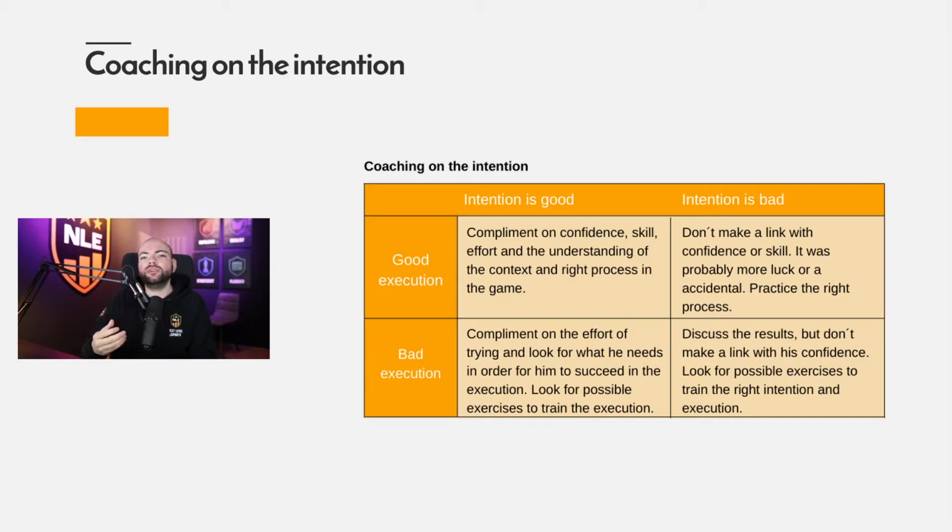Instead, you want to express, okay, it was a good result, but let's take a look at the situation. Here you were out of place, you didn't look at this piece of information and the facts that were available. So actually you were at a very risky spot at this particular moment in time, and you didn't notice it. Even though you got away with it, you got quite lucky because the enemy misplayed, or they didn't punish you for that play.